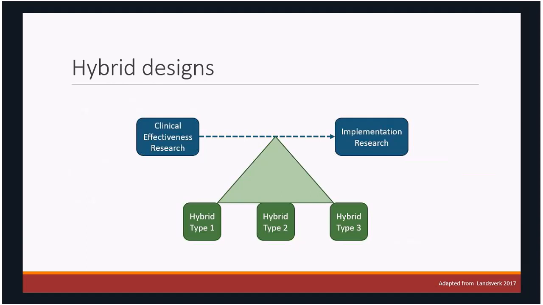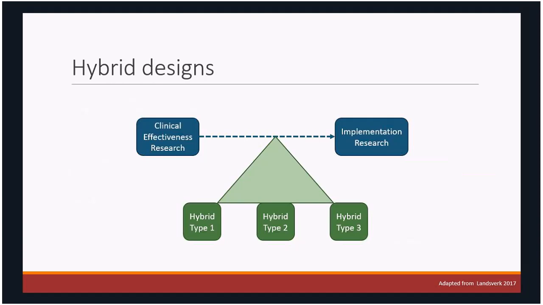And last but not least, that separate categorization scheme coming from Curran. These are the hybrid designs, which place us thinking about the D&I research continuum, going from clinical effectiveness research through implementation research. Curran specifies these 3 different types of hybrid designs that move us from effectiveness to implementation research.